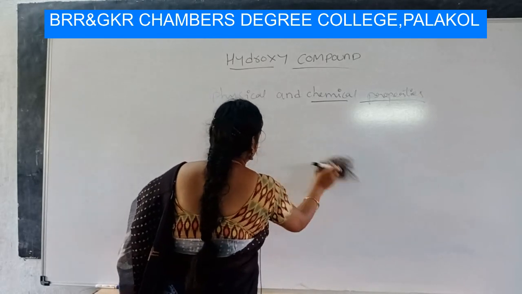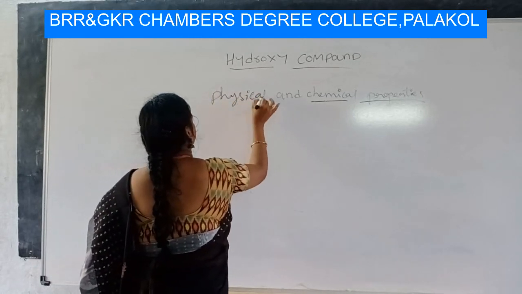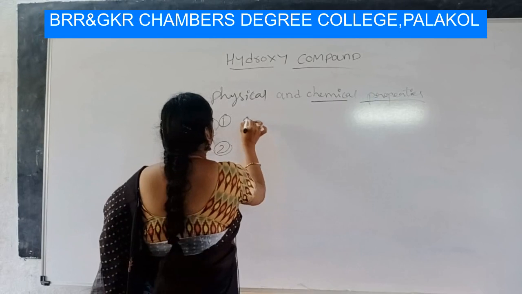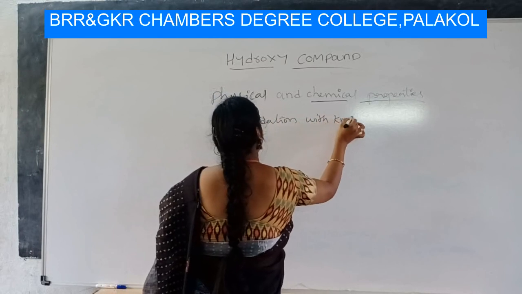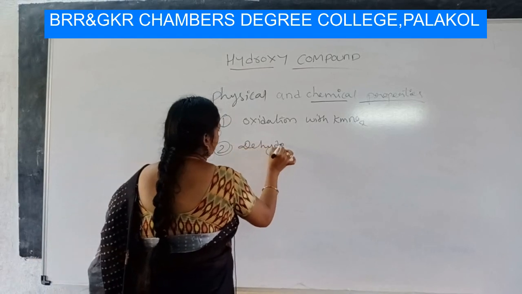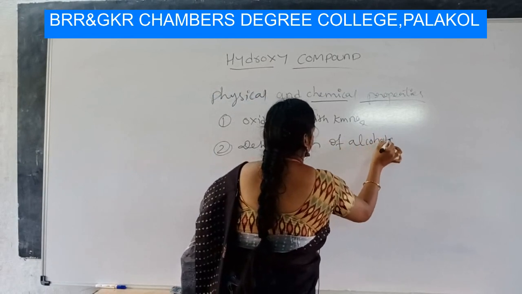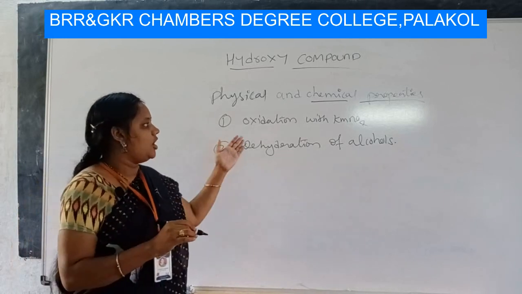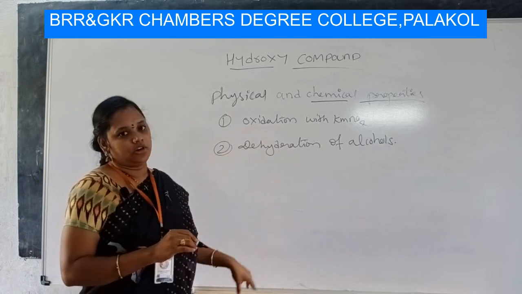The two chemical properties which are in your syllabus are: one is oxidation with KMnO4, and the other one is dehydration of alcohols. Okay, students, one is oxidation with KMnO4, the other one is dehydration of alcohols, right?